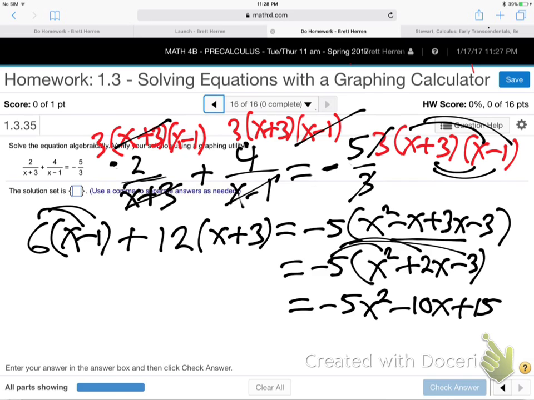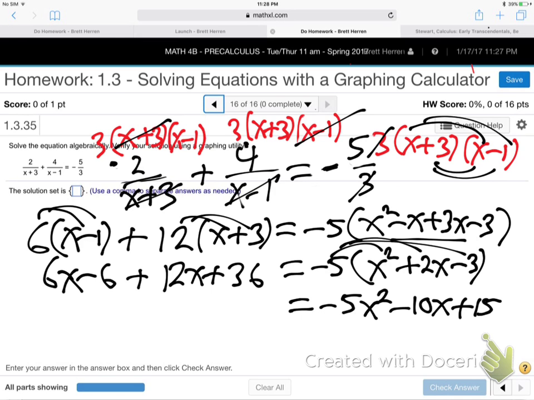On the left side, 6x minus 6 plus 12x plus 36. Okay, so I can just gather like terms. 6x and 12x is 18x, and minus 6 plus 36, what's that? Plus 30. So there we go.